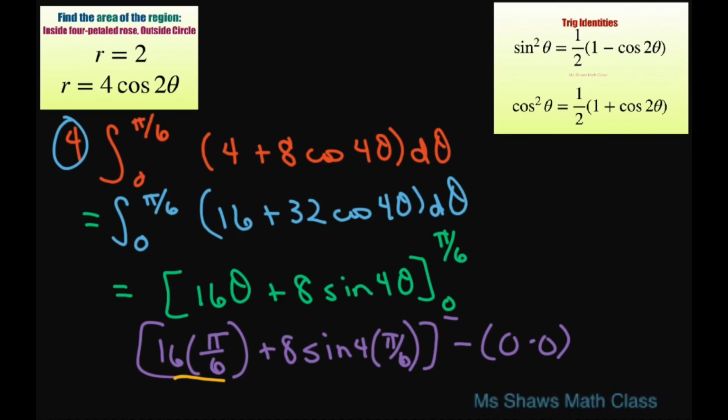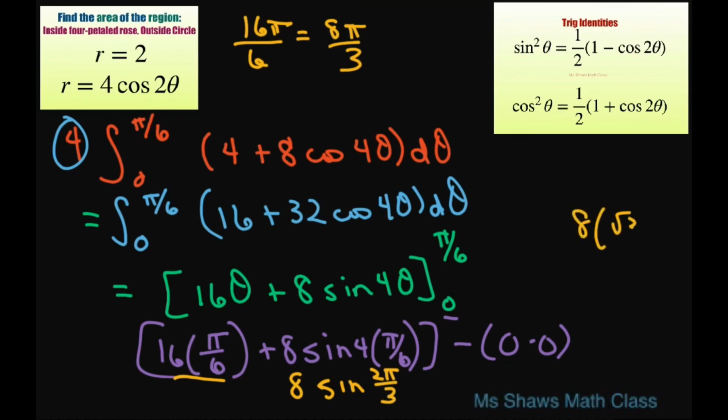All right, so we have 16 pi divided by 6, which is going to be 8 pi divided by 3 for that piece. This is going to be 8 and sine of 2 pi divided by 3. So that's going to be 8 times square root of 3 divided by 2. 2 goes into 8 4 times.